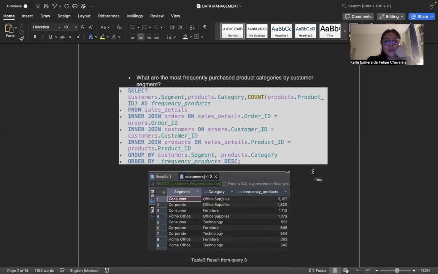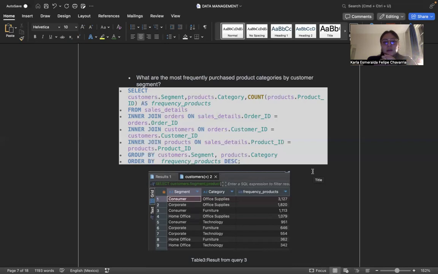The third question is asking about the most searched products by category, by the customer segment. So here we are using three different tables, three different columns. The count, again, because they are only asking for how many, the frequency.